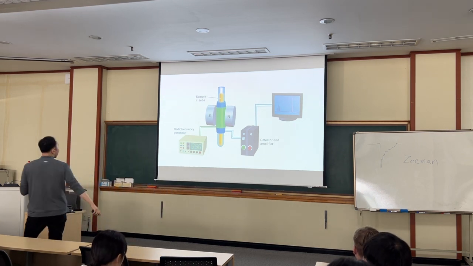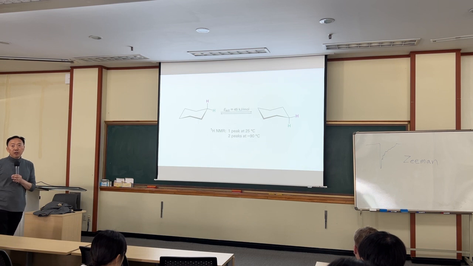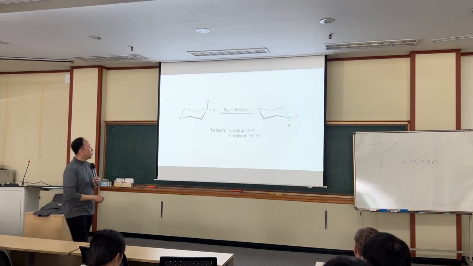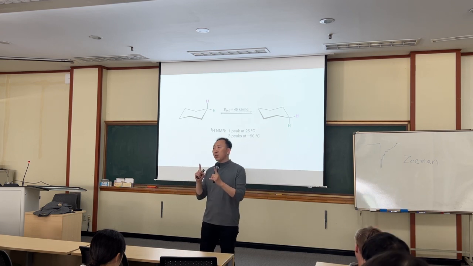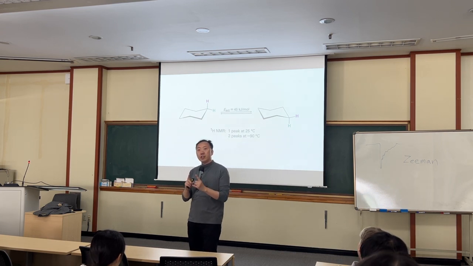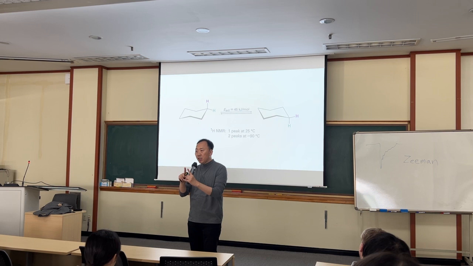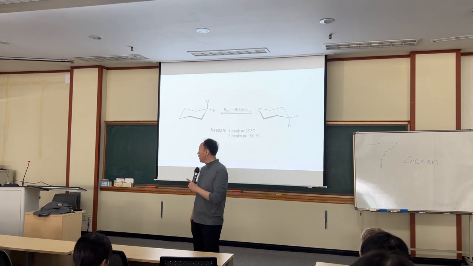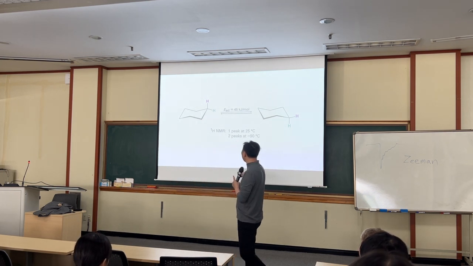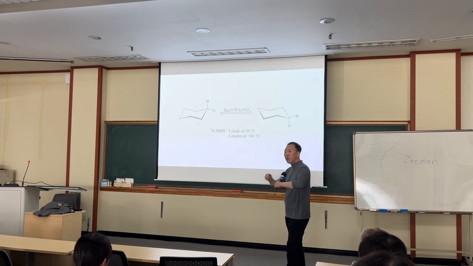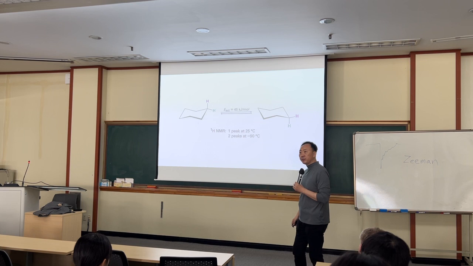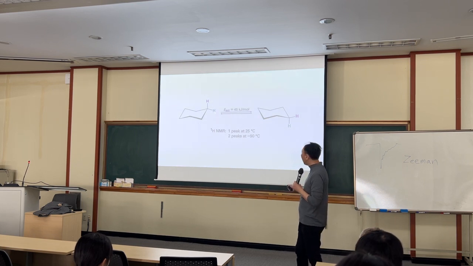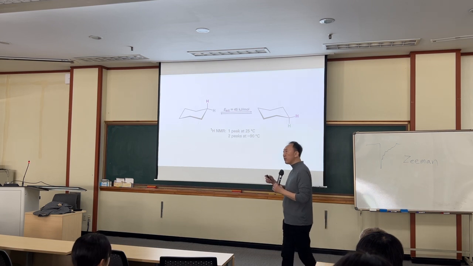Okay. So using this, we can think that if two protons are in the same environment, we see one signal. If they are in two different environments, we see two different peaks. Now we have studied the conformation change of the ring flip. One is axial, one is equatorial, and in principle they are different, but at room temperature it moves very quickly.